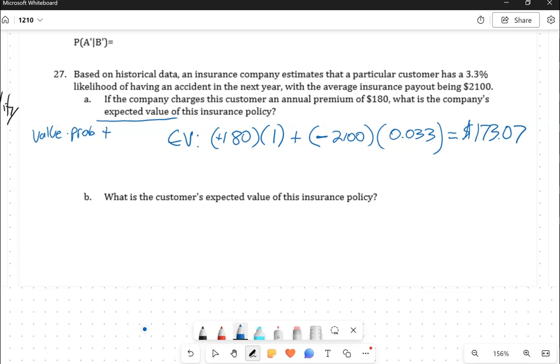I think it's a lot easier to have the income be guaranteed.